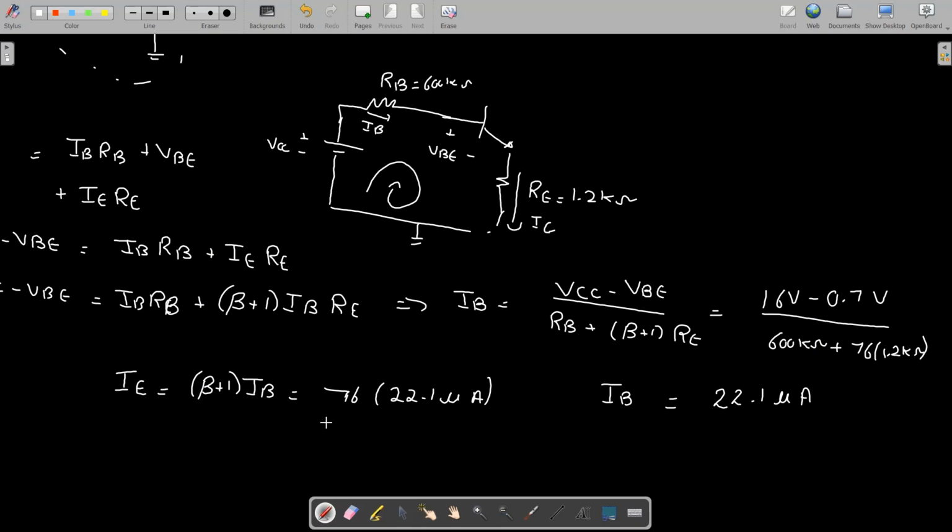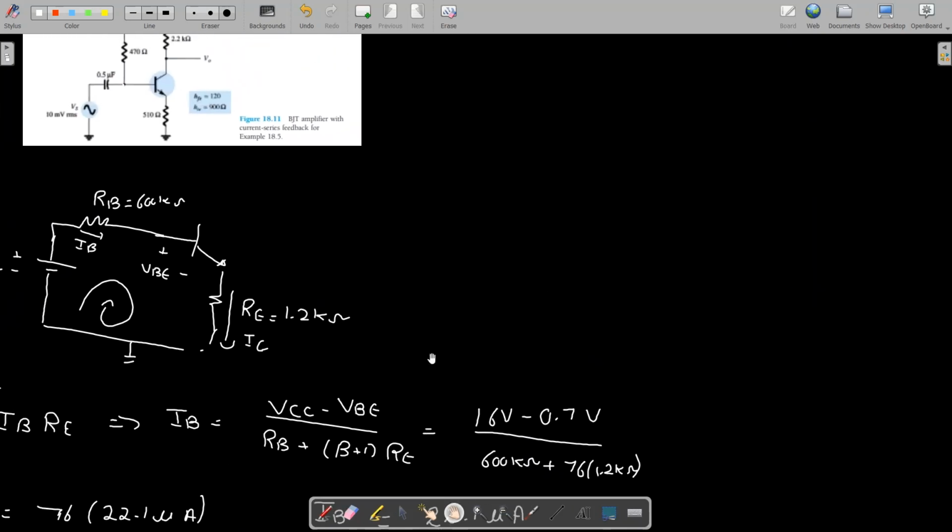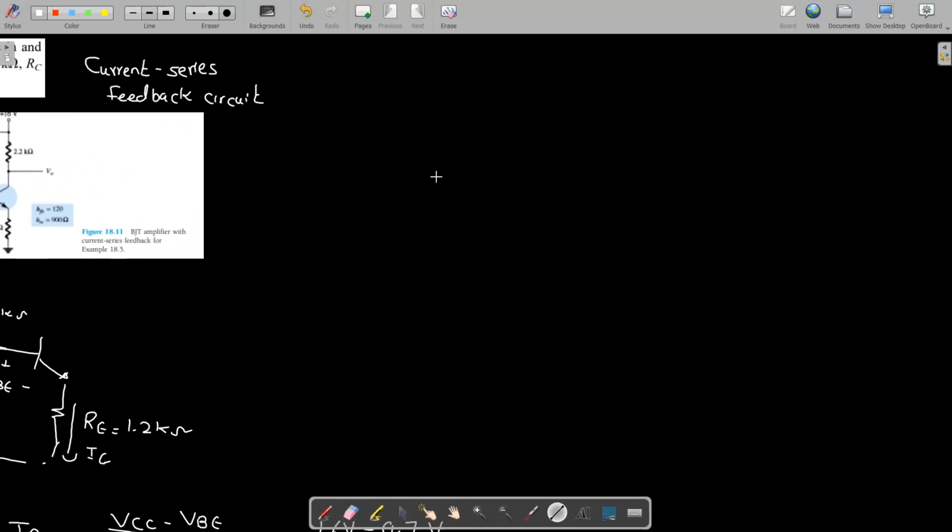And if you solve this, you are going to get 1.68 milliampere. So we have IE found out, which is 1.68 milliampere.